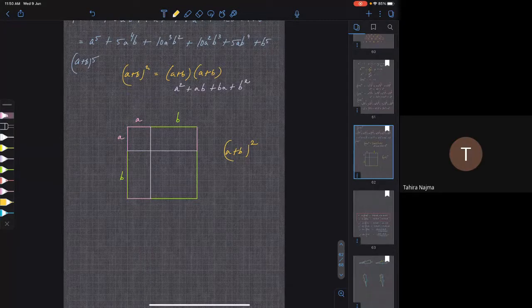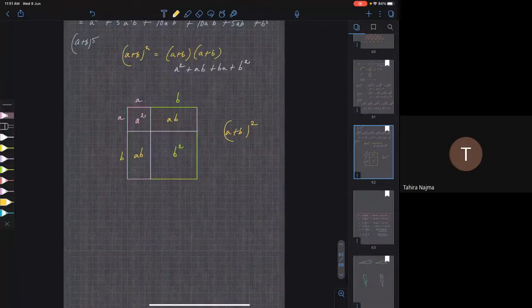But this area is a square. This area is b square. And what about this area? This area is a into b, ab. And this area is also ab.